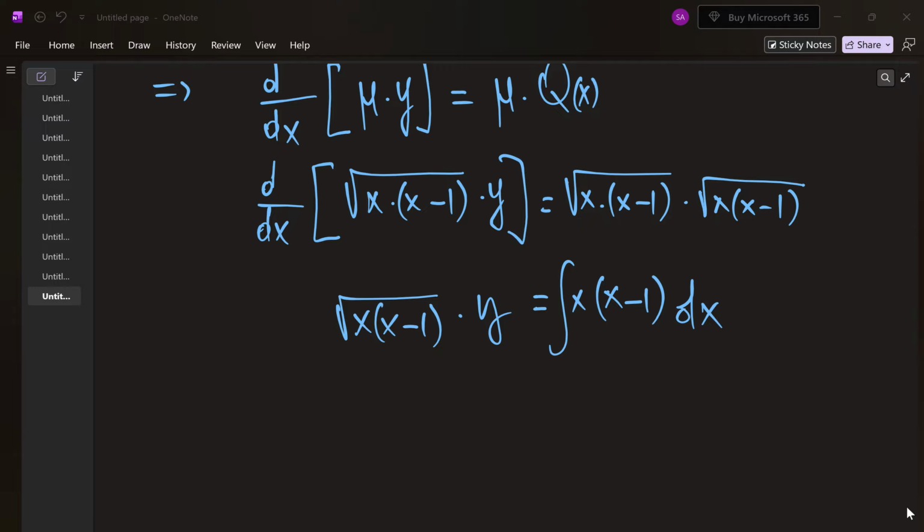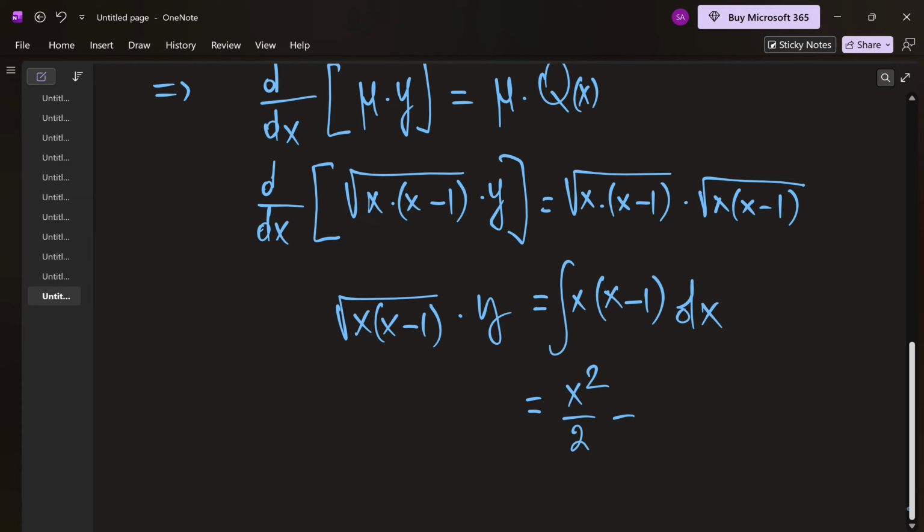Okay? You compute the integral, so this integral is equal to x to the power 3 over 3 minus x to the power 2 over 2 plus some constant c.